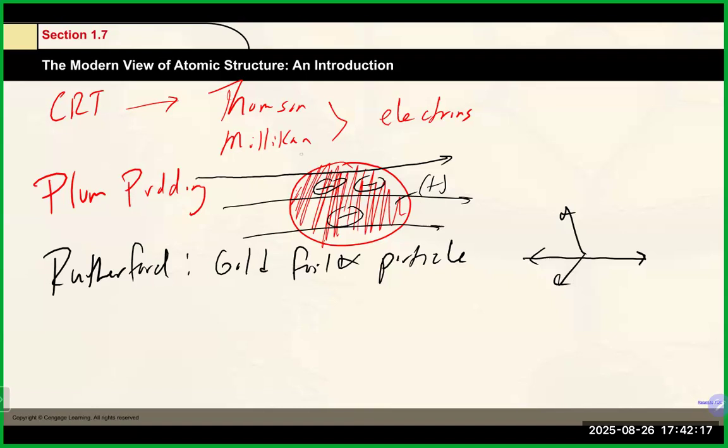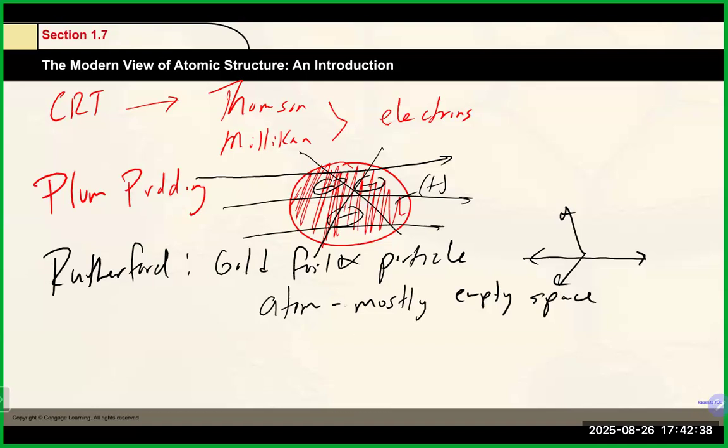And what they had to do at that point was abandon this model of the atom and come up with the modern picture of the atom, where the atom is mostly empty space. And again, that is what accounts for those alpha particles just sailing through with no problem.